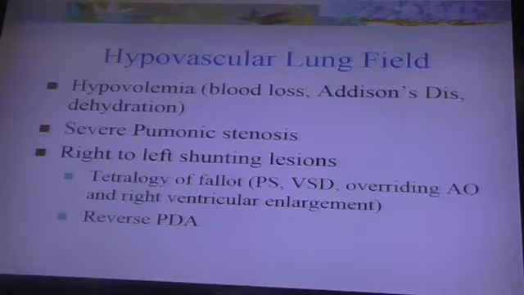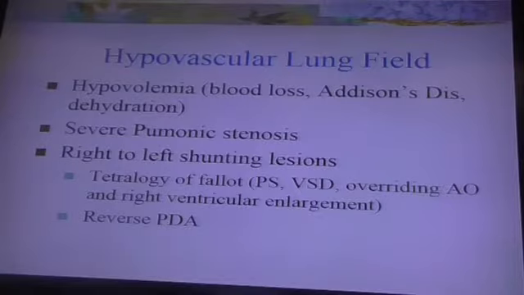Okay, hypovascular lung field, and we think about conditions. Most common cause: blood loss, hypovolemia from blood loss, Addison's disease, dehydration. Dehydration is a common cause, believe it or not, for a hypovascular lung field. Pets that are traumatized come in in shock. That is like the number one cause of a hypovascular lung field.